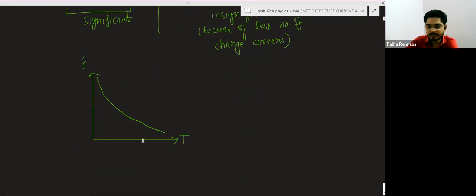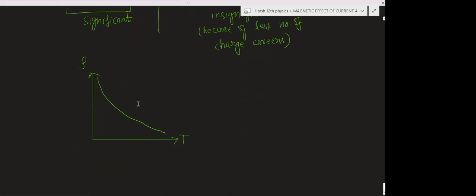So with increasing temperature, the resistivity of the semiconductor will decrease. Yes, sir. Done, sir.